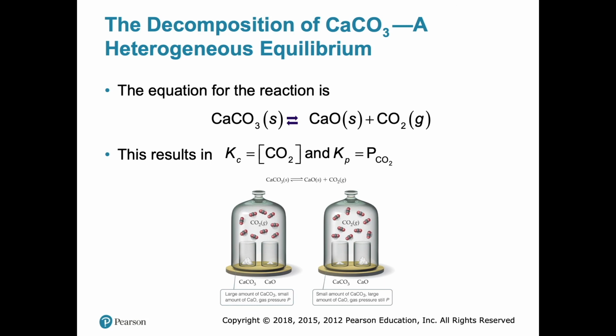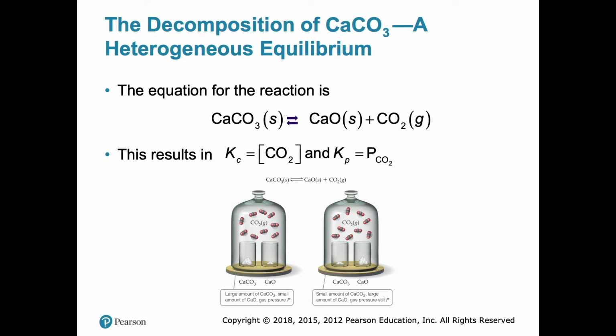If you have a whole bunch of the starting material, calcium carbonate, and just a tiny bit of product, calcium oxide, the pressure is still 9, because that's how many molecules are drawn in there. So make sure you know that it stays the same, no matter what the concentration of the solids is or how much there is of the solid.